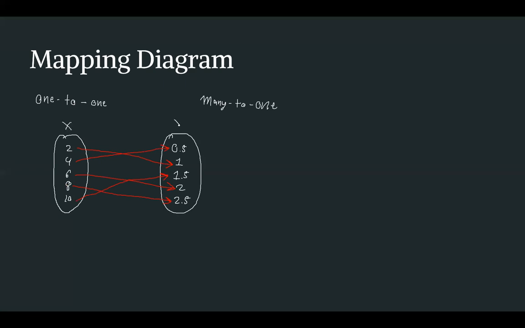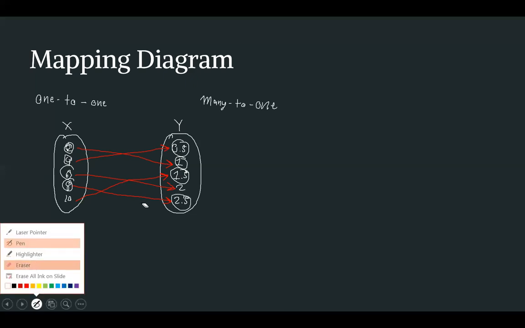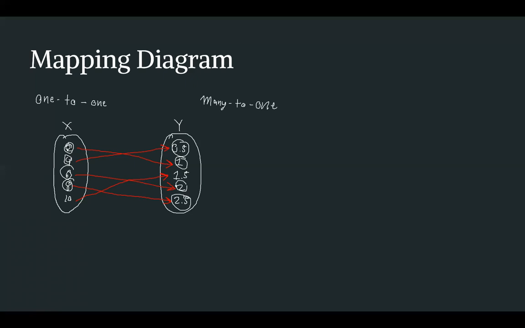Each of the elements in set X has only one element in set Y. And each element in set Y has only one element from set X. So 2 to 1, 4 to 0.5, 6 to, sorry, I confused you. 6 to 2, 8 to 2.5, and 10 to 1.5.